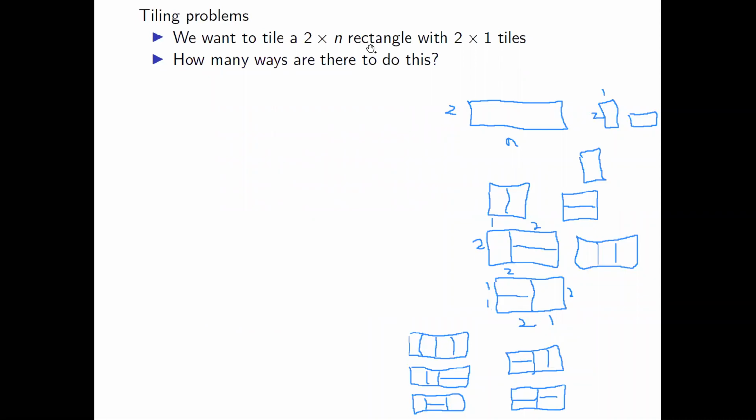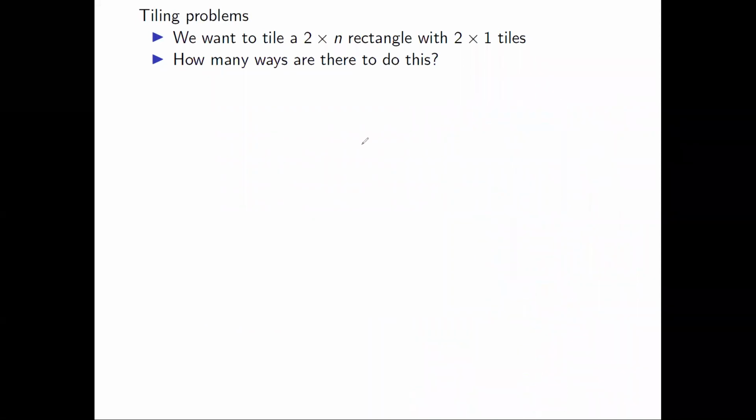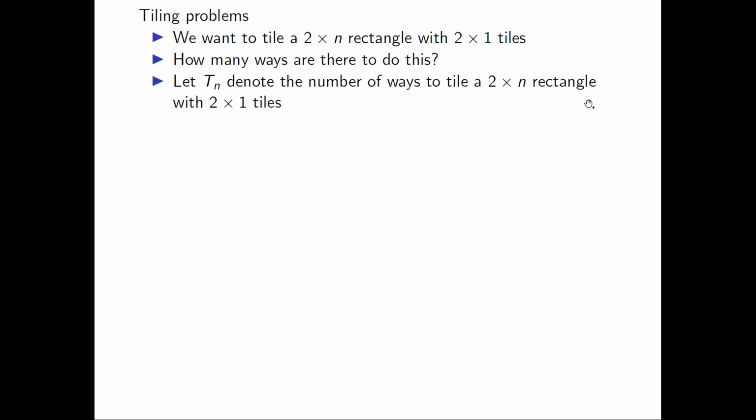We'll try to use induction to prove this. In order to do this, we'll define a sequence. We'll call it T sub n, and it will denote the number of ways to tile a 2 by n rectangle with 2 by 1 tiles.